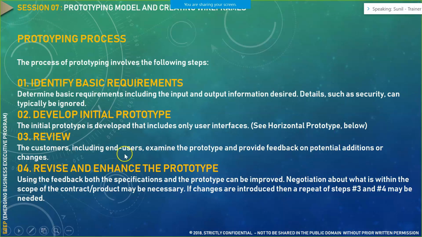After that, if there are any changes requested by your customer, you should go about revising and enhancing the prototype. Now remember, although the prototype serves as the base to start the programming or coding work, it is never in a stage wherein you could consider it final, because the prototyping process itself keeps on evolving as we progress through a project. The customer can come at any point of time and say, this menu should come under this heading, this heading should go under this particular menu.